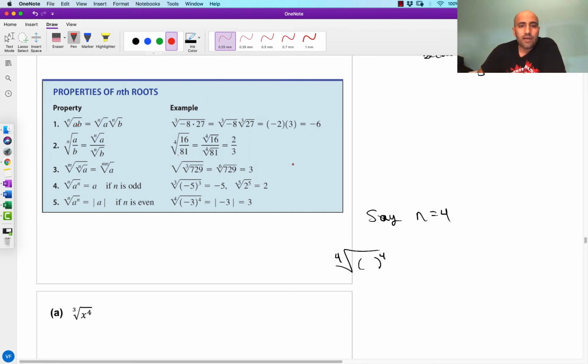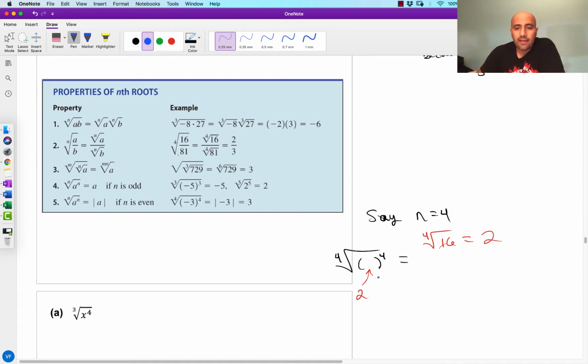What's going to happen when I input a positive 2? 2 to the fourth power is going to be equal to 16. And then I want the fourth root of that number. So if I input a 2, the output is still going to be 2. It's going to be the fourth root of 16, and then the fourth root of 16 equals 2. So I get the same answer.